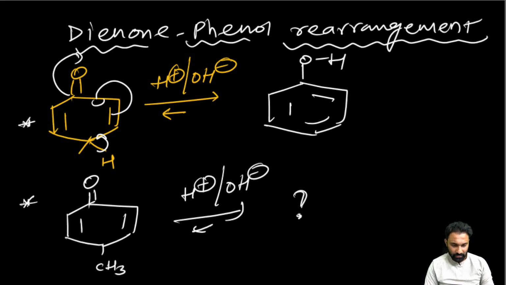Can anyone tell me the IUPAC name of the product? Toluene. How come toluene? Para-hydroxytoluene.